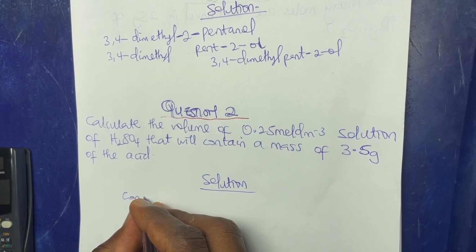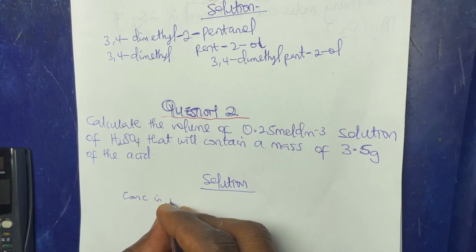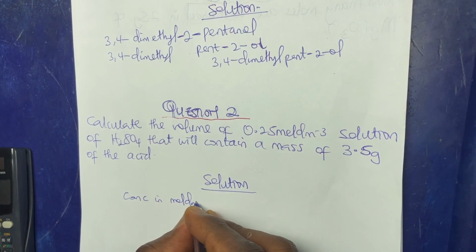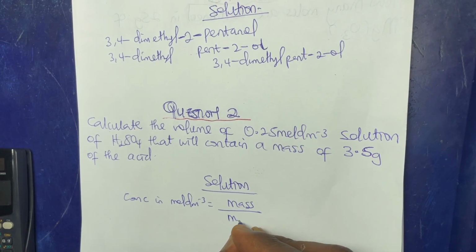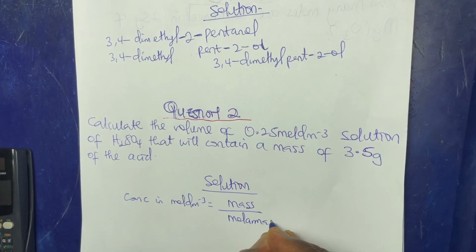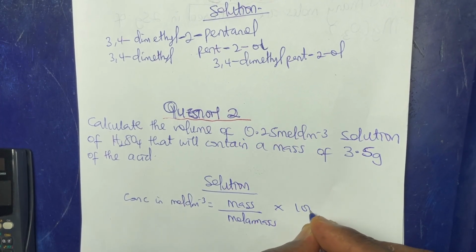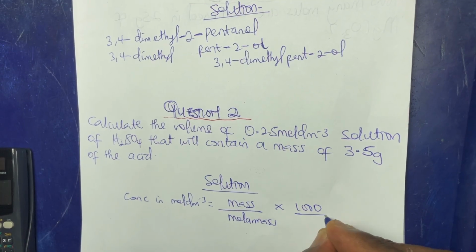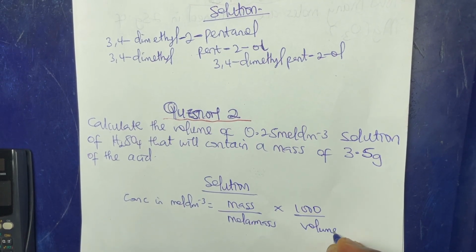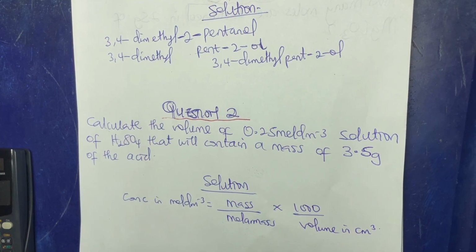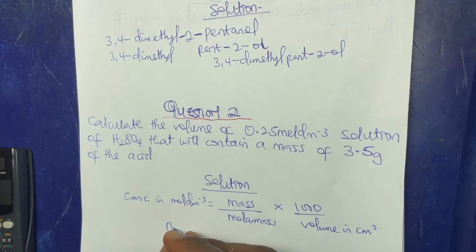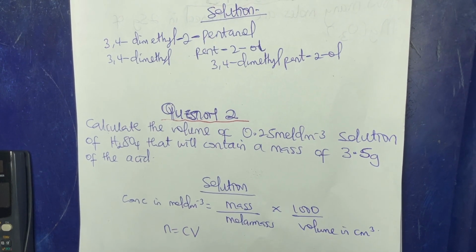So let me write concentration in mole per dm cube equals mass over molar mass times 1000 over volume in cm cube, or you can use this formula: n equals CV, any one of the two.